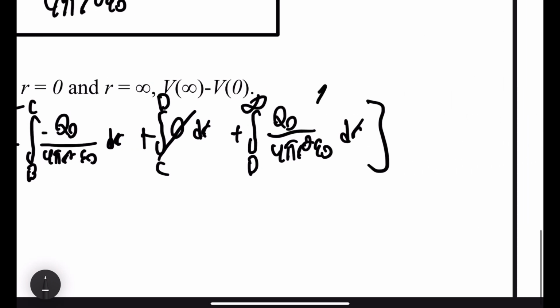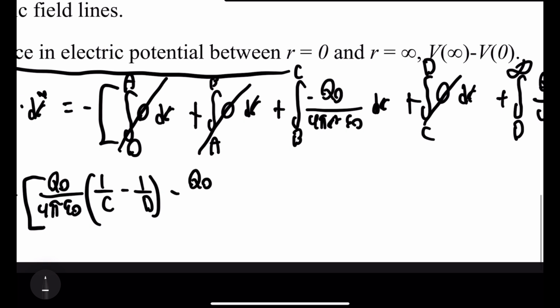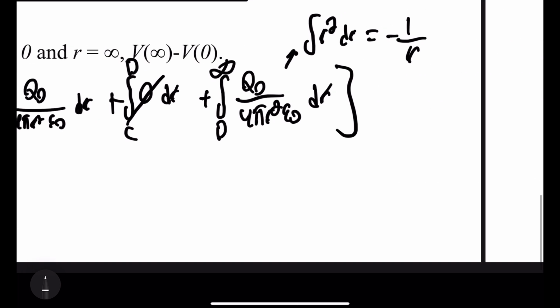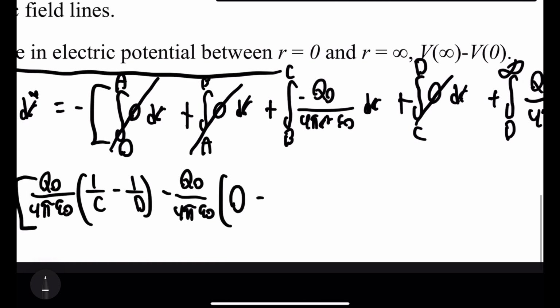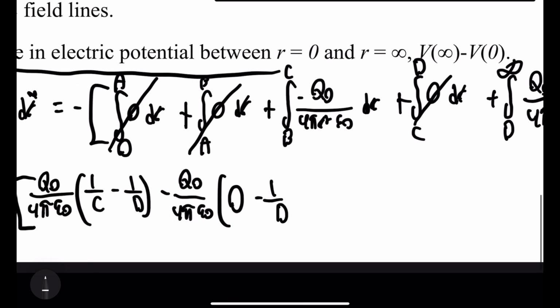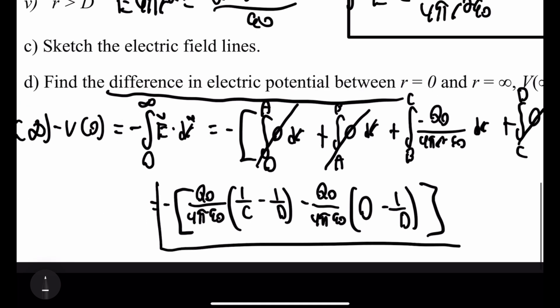And then here, again, the integral of 1 over r squared is negative 1 over r, so I will have a negative here. So I'll have negative Q naught over 4 pi epsilon naught, you would have 1 over infinity, which is 0, minus 1 over d. And you could do it like this, and that'd be correct.